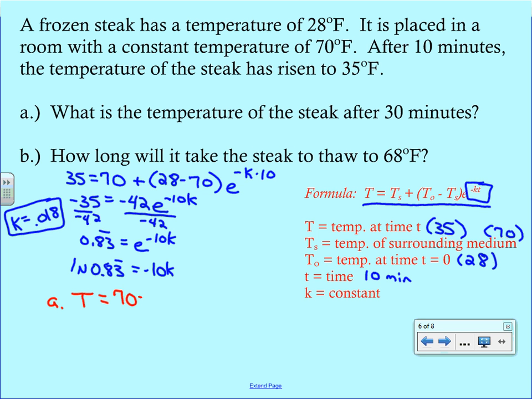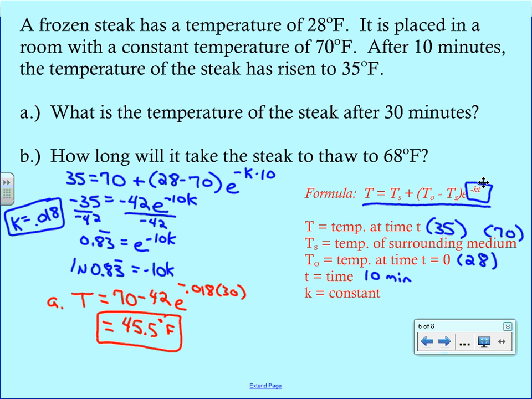We have 70 minus 42, times e raised to the negative 0.018 multiplied by the 30 minutes we're dealing with. As you're putting this into your calculator, hopefully you can pause the video to try it, because you would find that we wind up with 45.5 degrees Fahrenheit as our final answer.